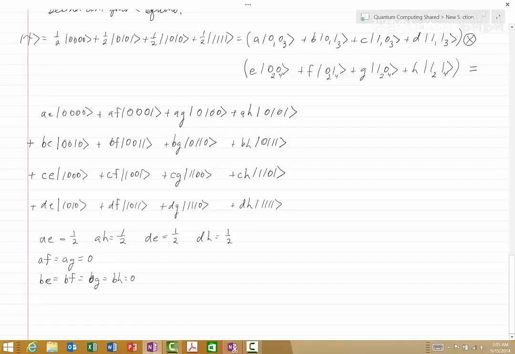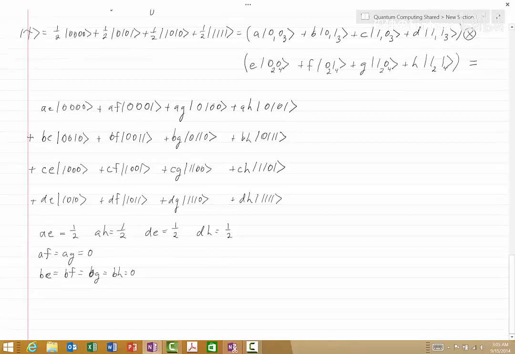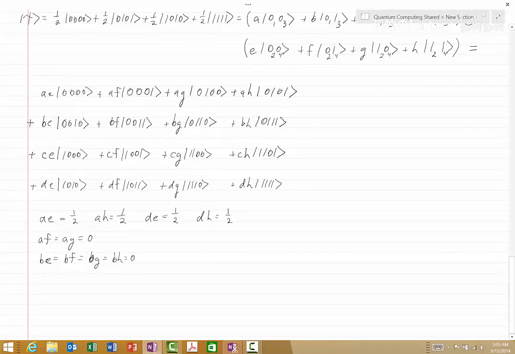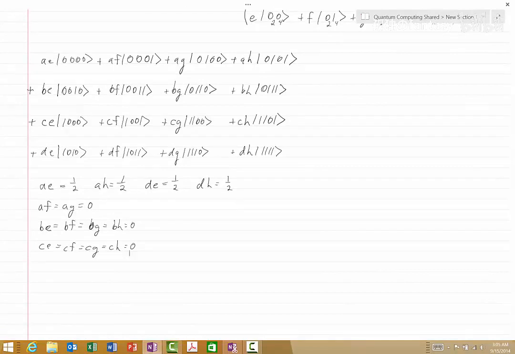That's in the second line. And the third line, everything beginning with C is also 0. So CE equals CF equals CG equals CH equals 0. And then in the last line, we already have DE is equal to 1/2, DH is equal to 1/2, but DF and DG are 0. So DF equals DG equals 0.